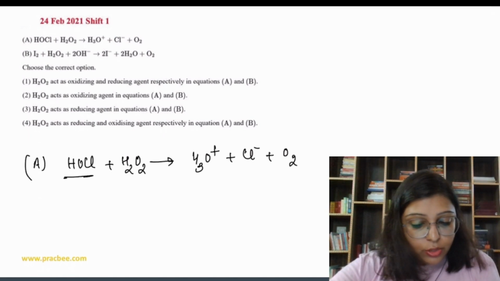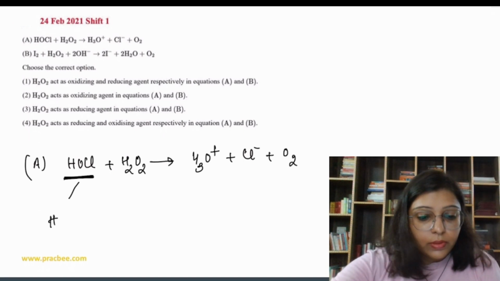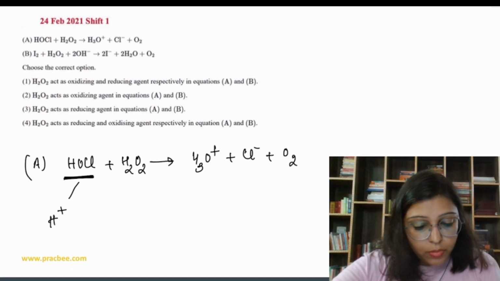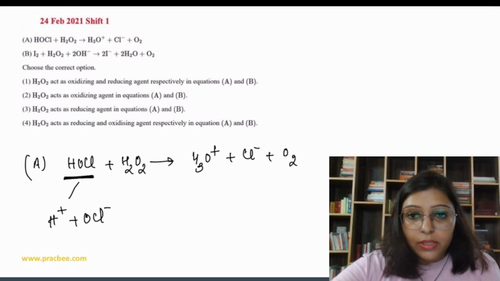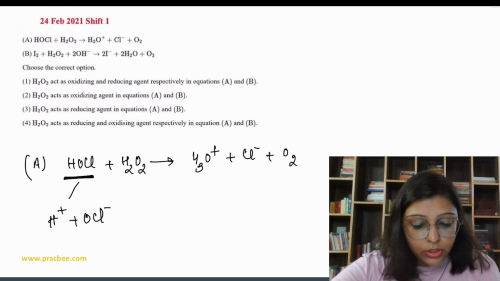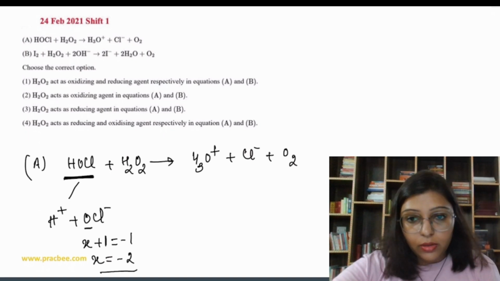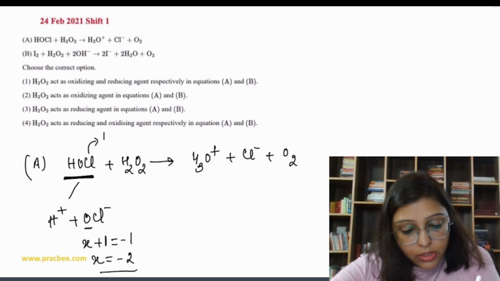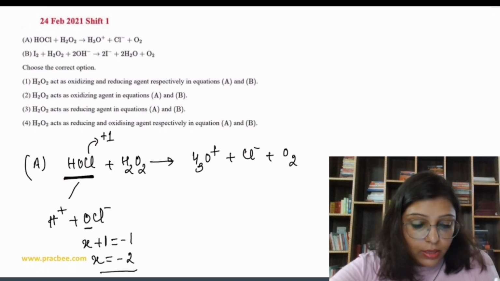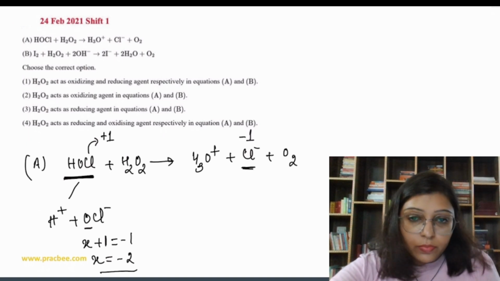So if this is HOCl, we can write it as H+ and OCl-. Here the oxidation state is x. Chlorine is less electronegative than oxygen, so x plus (-2) plus 1 is equal to 0. So the oxygen oxidation state is -2 over here, chlorine is +1, and in the product chlorine is -1.